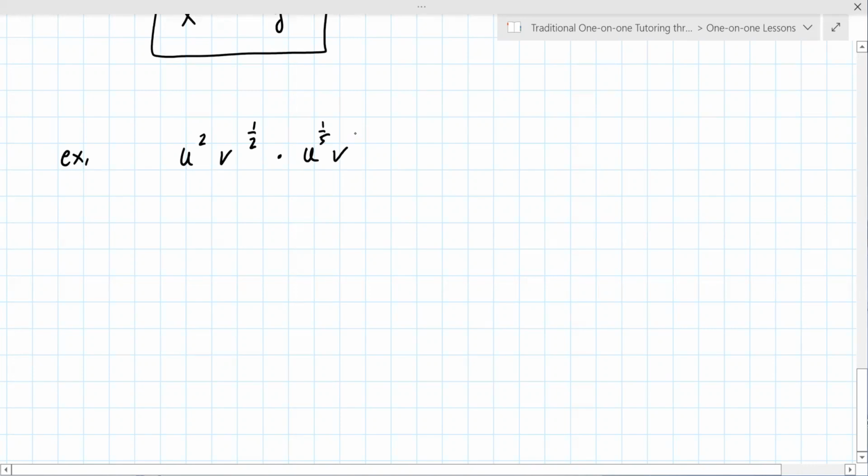This is very similar to the one that your instructor just gave you. So you pair up these u's, and it's really u to the 2 plus 1/5, times, not plus, times, because everything's been multiplied here in the equation. 1/2 plus, what's the exponent above v? 1. Now on the right here, whenever it's plus 1, you just go 2/2 or whatever the other denominator is.